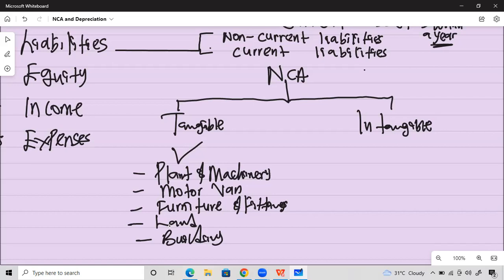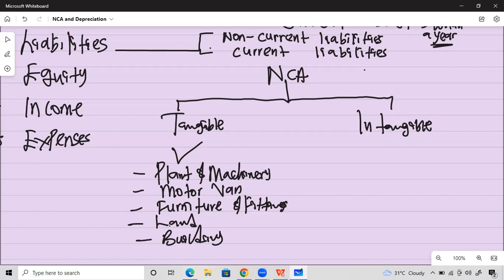These are tangible assets. When we say tangible asset, it means we can touch them. It has presence.